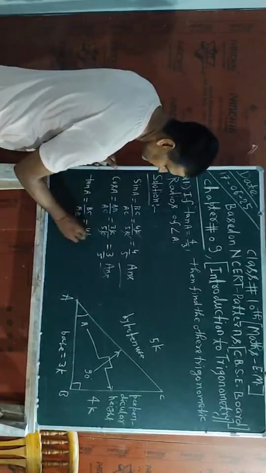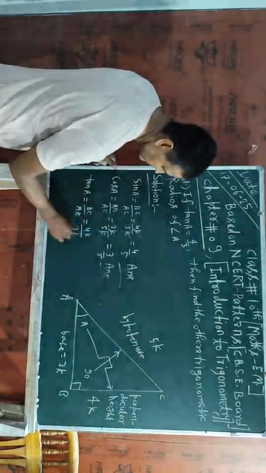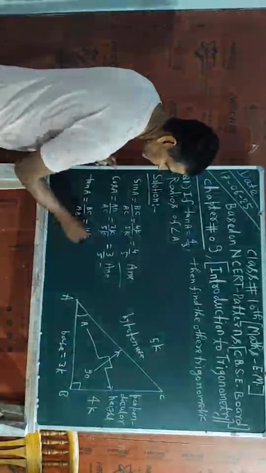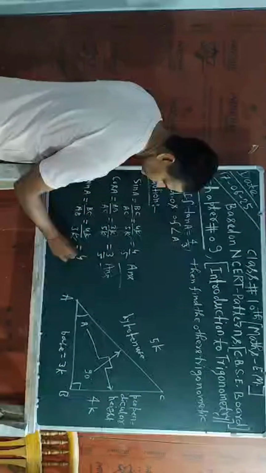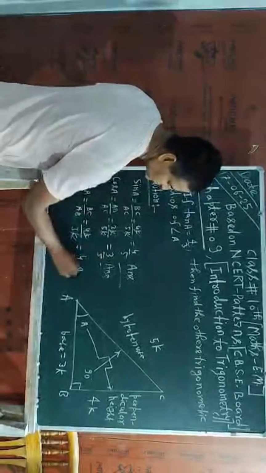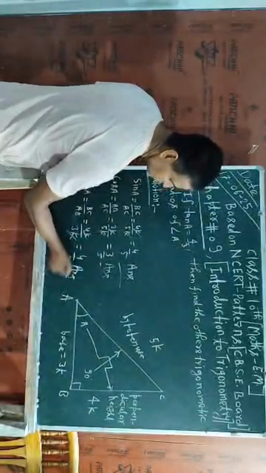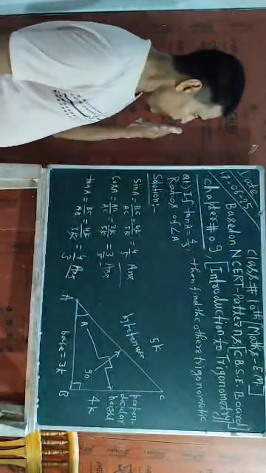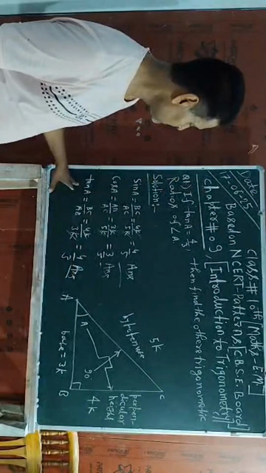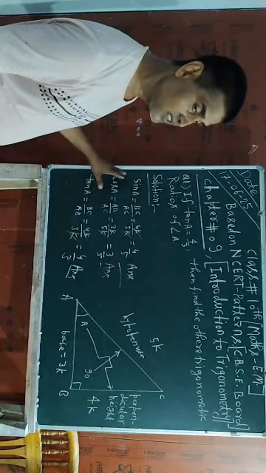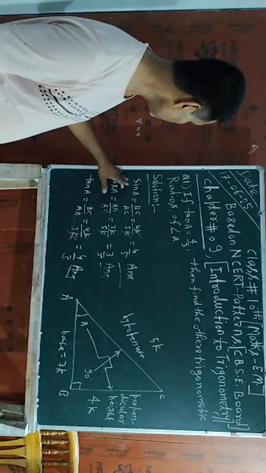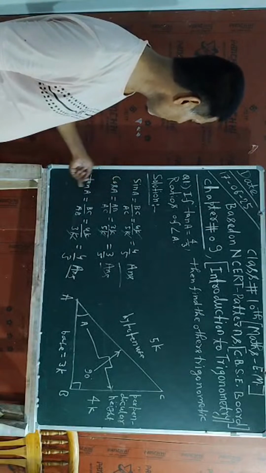The length of BC is 4K divided by 3K. K will cancel out. So I will write 4 divided by 3. This is also the answer which is given in the question. Similarly, I will get the other three ratios.